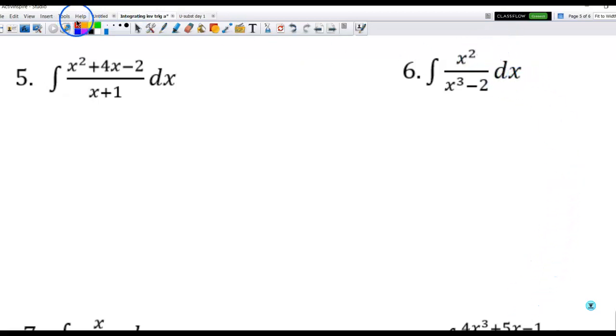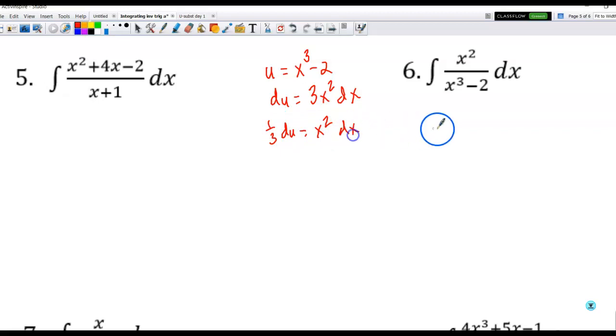In number 6, I noticed that the degree in the numerator is smaller than the degree in the denominator. I can't anti-differentiate as is, so I am thinking a u substitution. So I'm going to let u equal the denominator. The derivative is 3x squared dx. I don't need that 3, so I'm going to divide it to the other side.